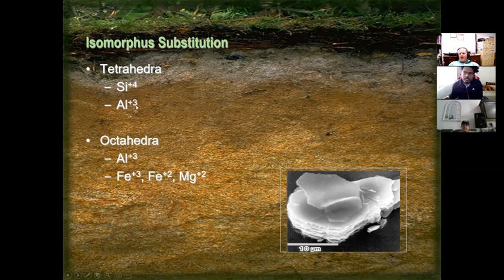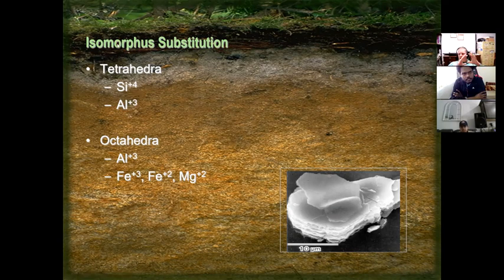And so what ends up happening is where we're perfectly balanced before with one silicon surrounded by 4 oxygens, now we've got an aluminum that's surrounded by 4 oxygens. And the result of that is our particle now has a negative charge. Okay. Because we went from a +4 to a +3, we end up having a net negative charge. And this is what we call isomorphic substitution.